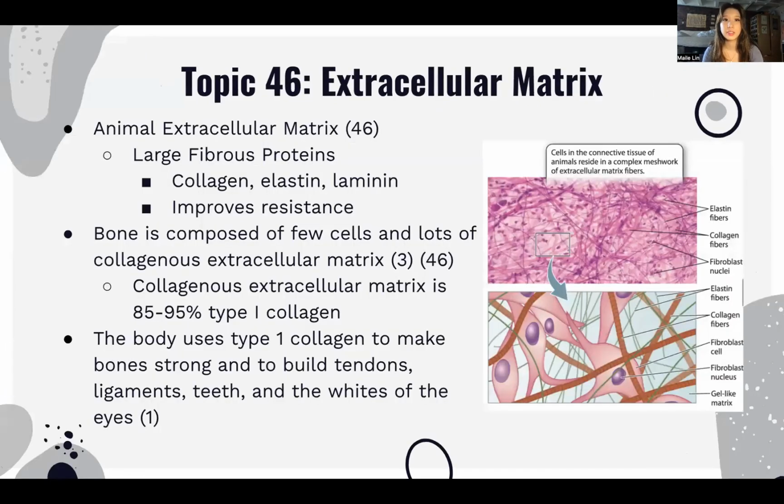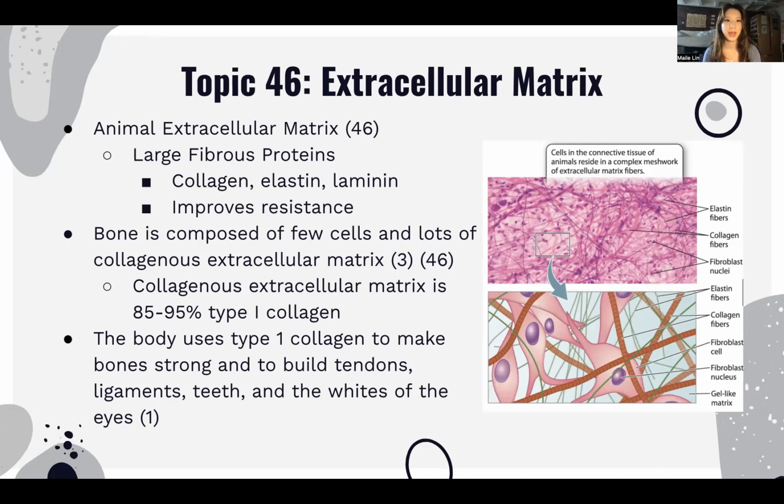Now, I want to talk about how this relates to our biotopics. I thought this related to topic 46, which was the extracellular matrix, and more specifically, the animal extracellular matrix. From the slides, Dr. Miara has taught us that this is made of large fibrous proteins, such as collagen, elastin, and laminin, which improve resistance.